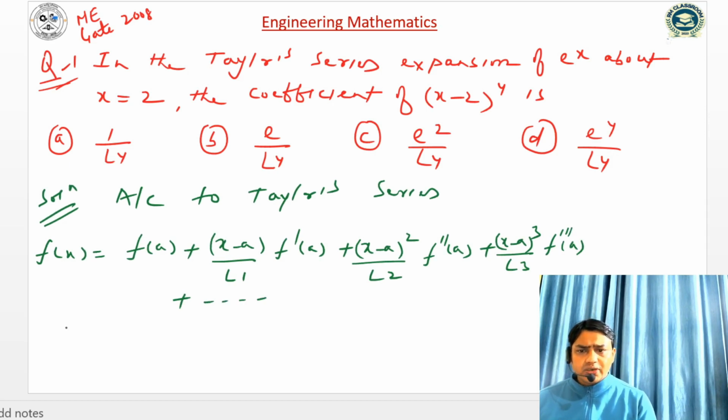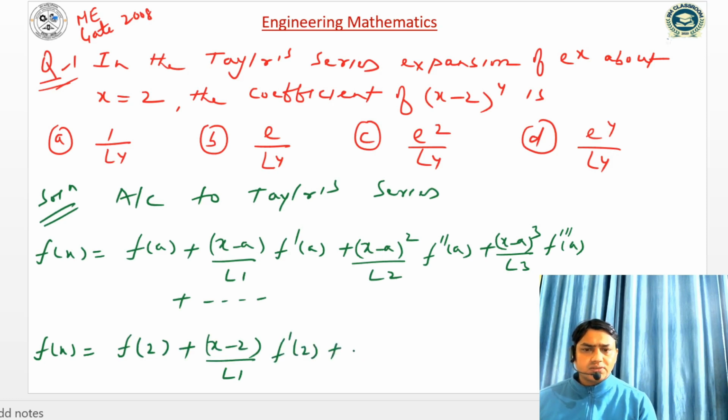So here we can write f(x) at a equal to 2 as f(2) plus (x minus 2) by factorial 1 into f dash 2 plus (x minus 2) whole square divided by factorial 2 f double dash 2 plus so on and so forth.